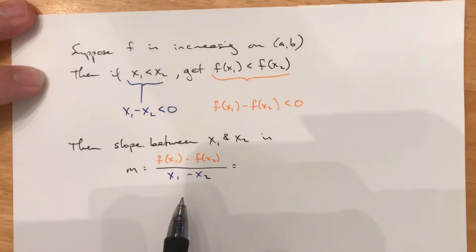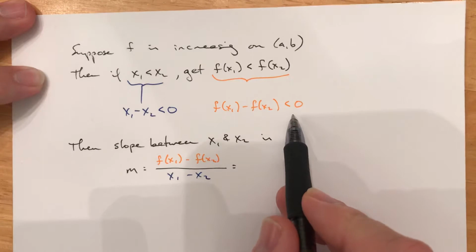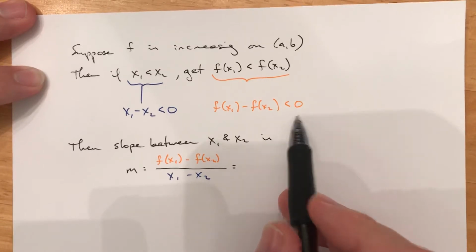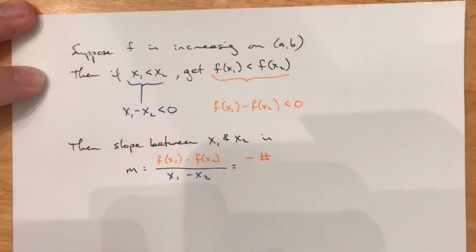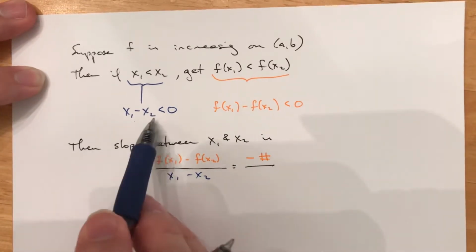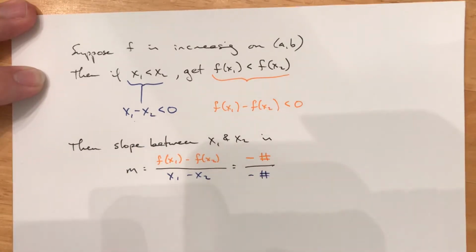And what can we say about those values? Well, here in orange, we've got that f of x1 minus f of x2 is less than 0, that it is a negative number. We are dividing by x1 minus x2, which we also know is a negative number.